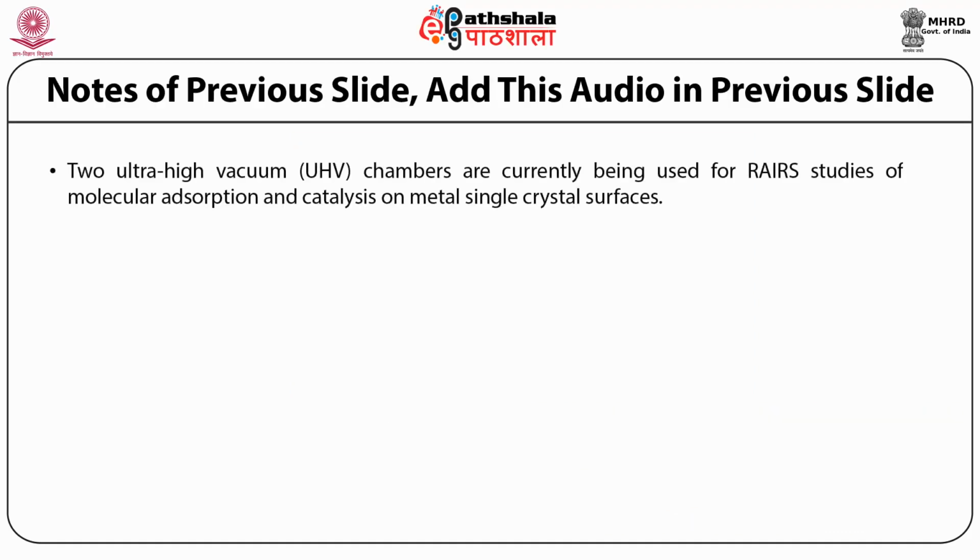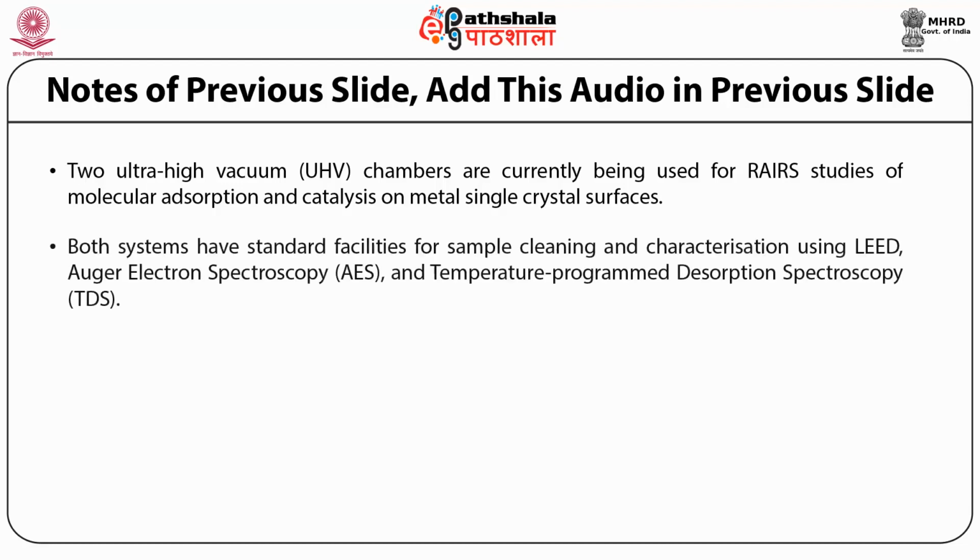Two ultra-high vacuum chambers are currently being used for RAIRS studies of molecular adsorption and catalysis on metal single crystal surfaces. Both systems have standard facilities for sample cleaning and characterization using LEED, Auger electron spectroscopy, AES, and temperature programmed desorption spectroscopy, we call it TDS.